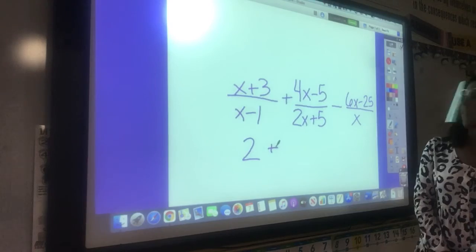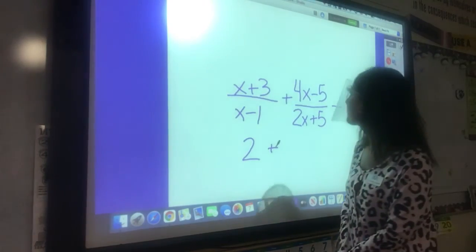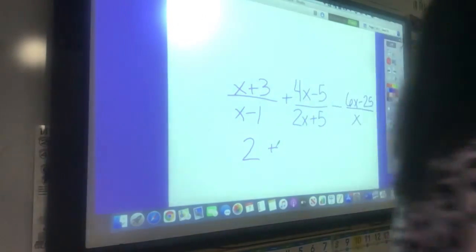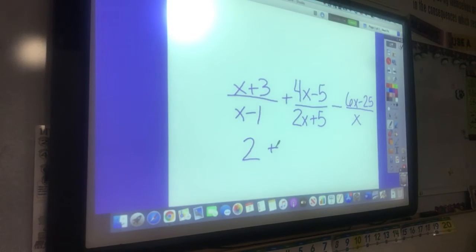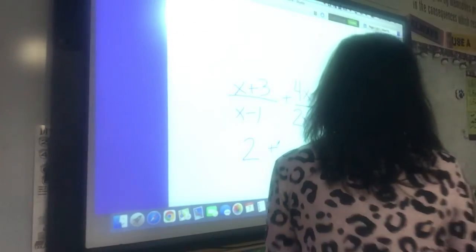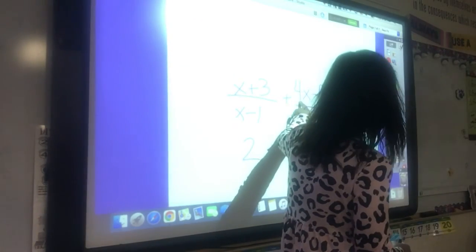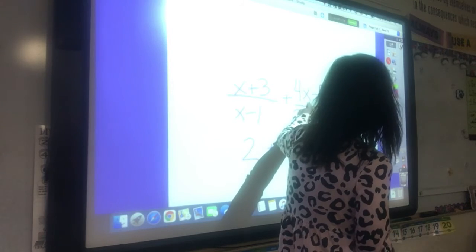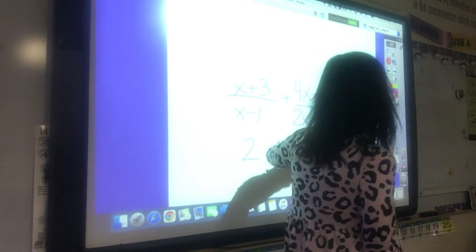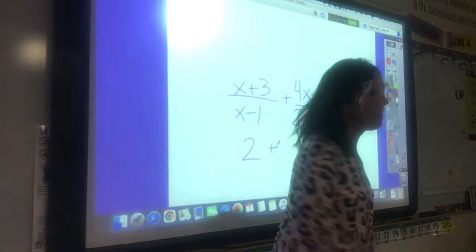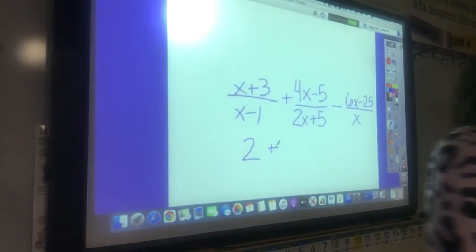And so what would we get for our second number? 20 minus 5 on top, and we're gonna have 10 plus 5 on bottom, because we're evaluating for 5.